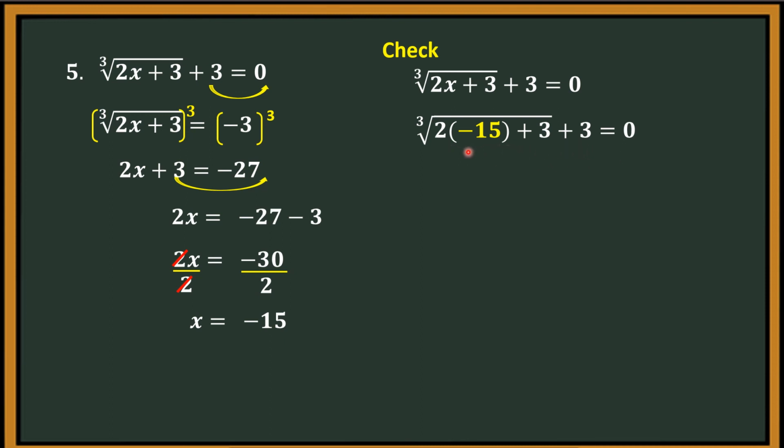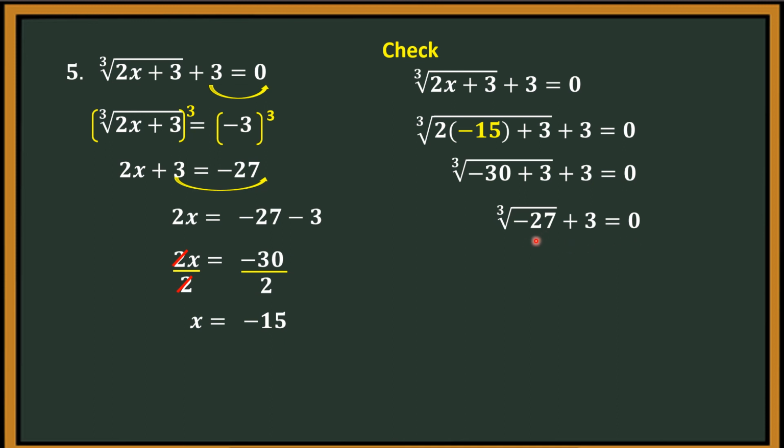Then simplify the 2 and negative 15, that is negative 30. So cube root of negative 30, you just copy plus 3 is equal to 0. Then simplify what is inside the radical. So that is cube root of negative 27. Plus 3 is equal to 0.